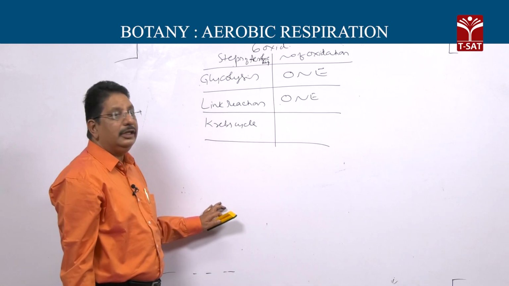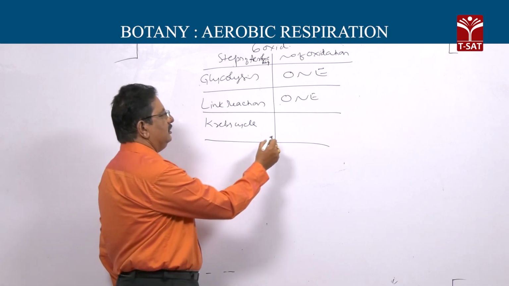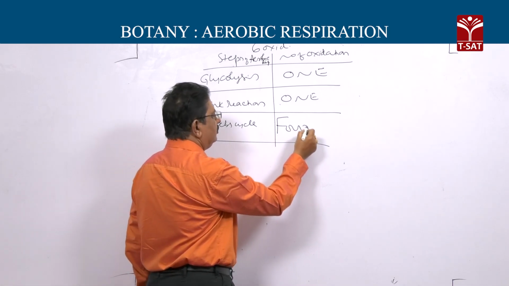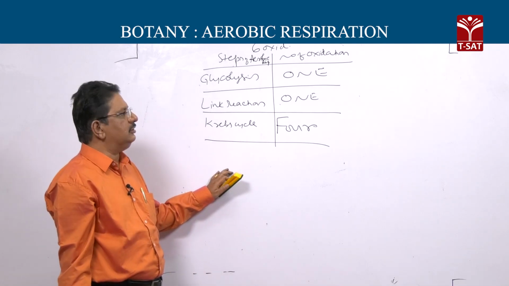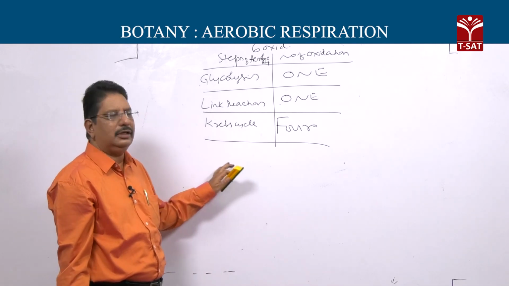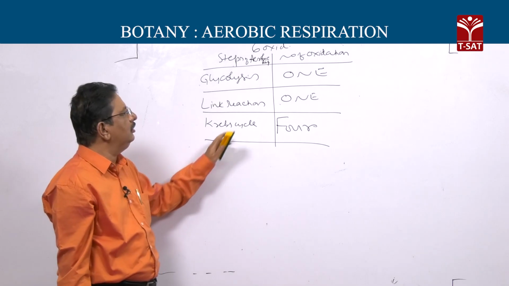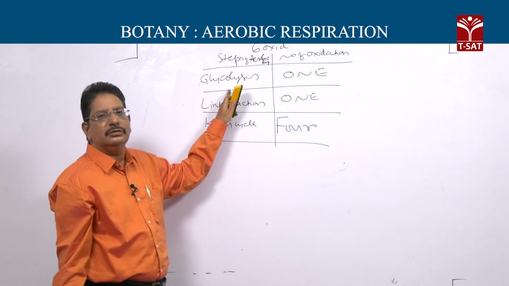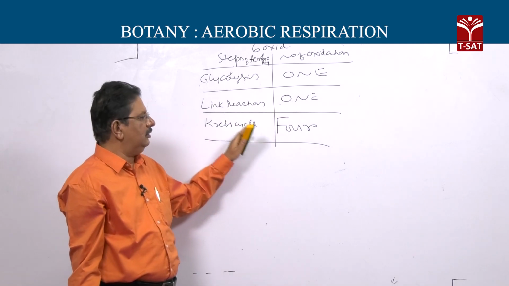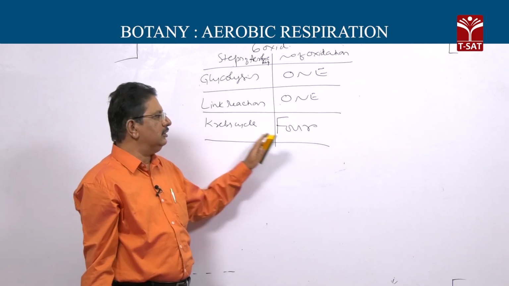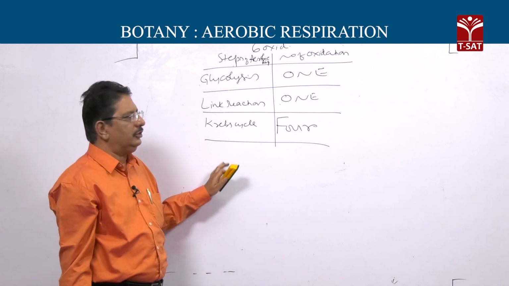The remaining 4 oxidation steps complete during the Krebs cycle. So, out of the 6 oxidation steps in aerobic respiration, 1 oxidation is in glycolysis, 1 in the link reaction, and 4 occur in the Krebs cycle.